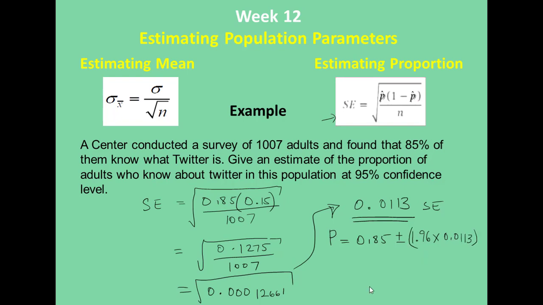So this is basically what we have. And then this becomes 0.85 plus or minus 0.0216.